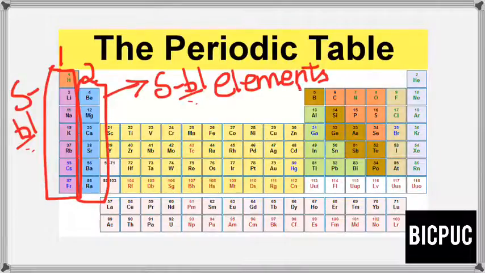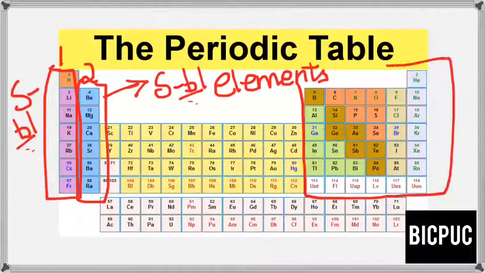Similarly, from group 13 till group 18, in the box that I marked here, starting from group 13 and ending at group 18, this particular block of the periodic table is called the P block, and elements present there are called P block elements.